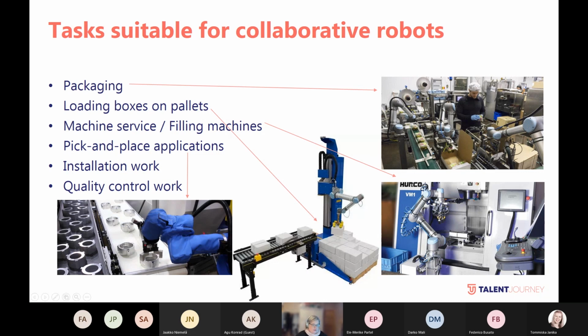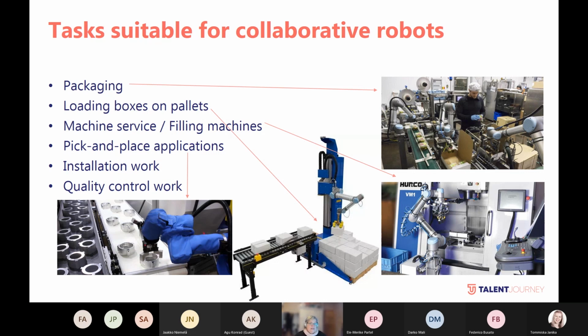Collaborative robots are also good for palletizing boxes, like here, especially if space is tight, or the space also needs to be used for human work or movement. We have found a lot of such items in SMEs in the food industry, for example.